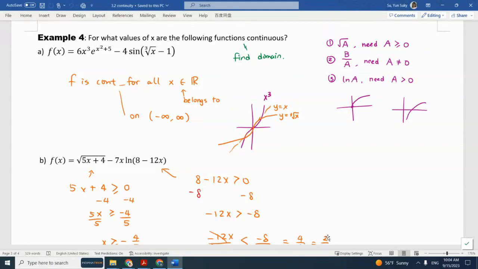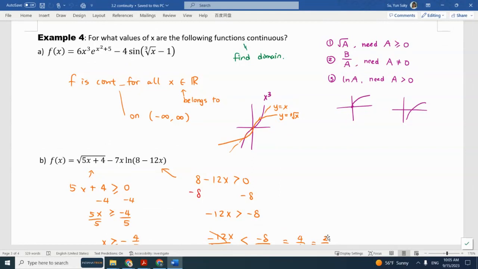Last time we talked about continuity. Just remember one sentence. All functions we learned are continuous on the domain, right? So to find the x values where the function is continuous, this is the same thing as asking for the domain. And for domain, there are three things you need to remember. If you see square roots, the things inside the square roots need to be greater or equal to 0.